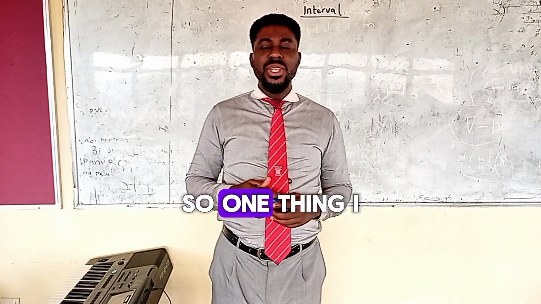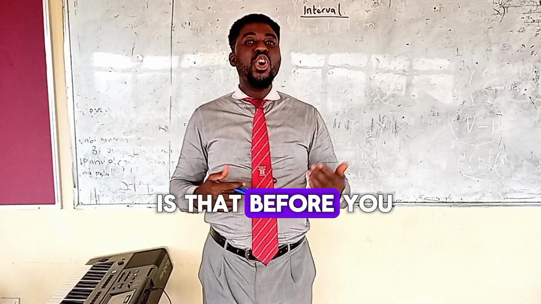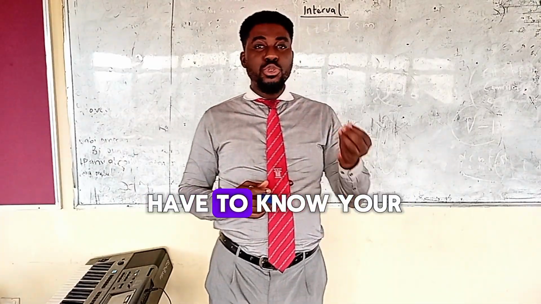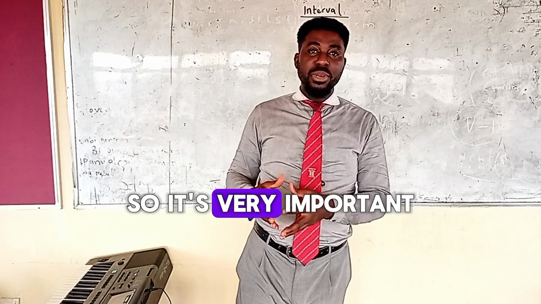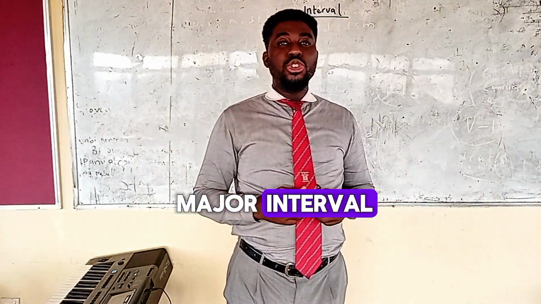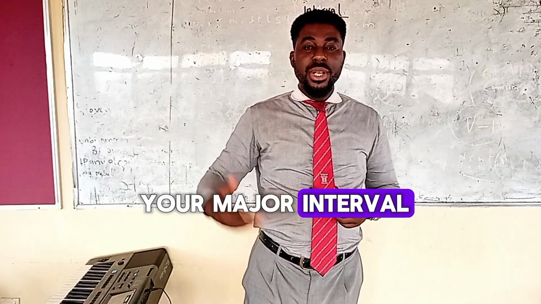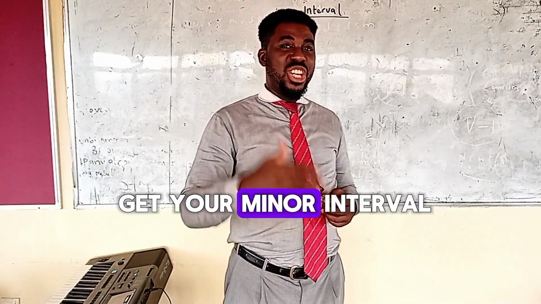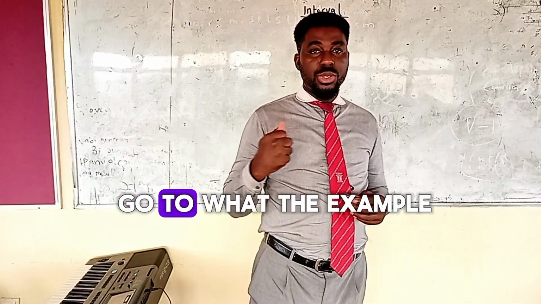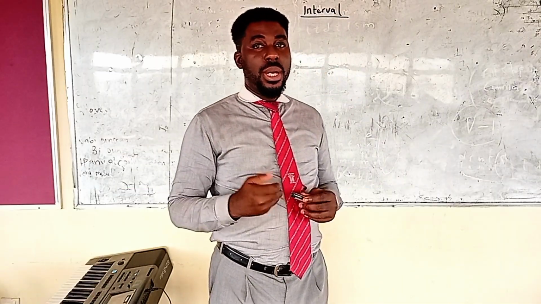One thing I want you to know is that before you can get a minor interval, you have to know your major interval. It's very important because the minor interval is derived from the major interval. When you get your major interval, from there you can get your minor interval. Let's quickly go to the example that we use.